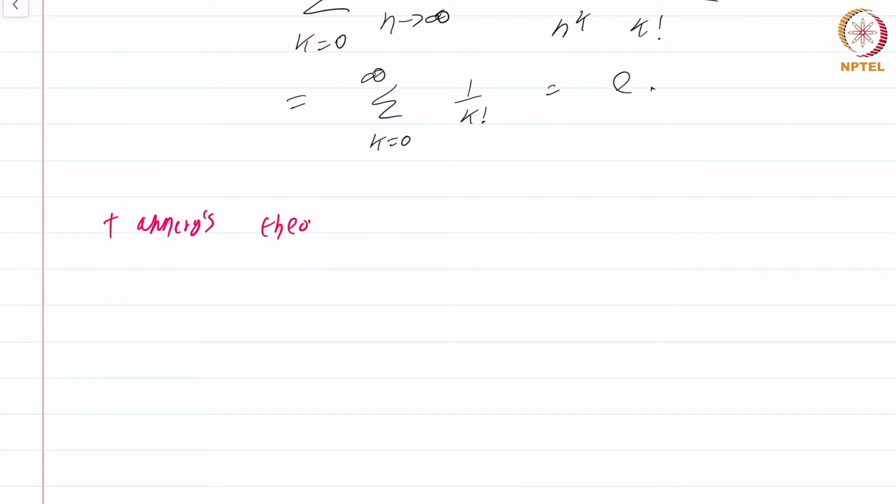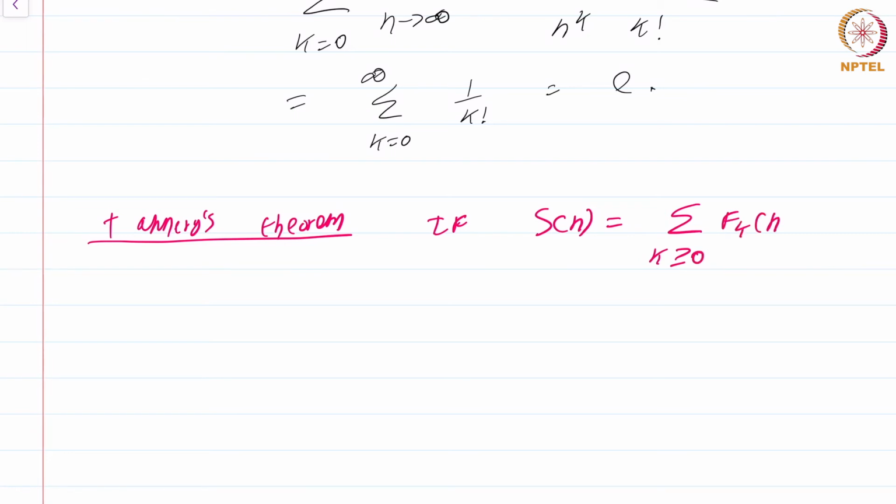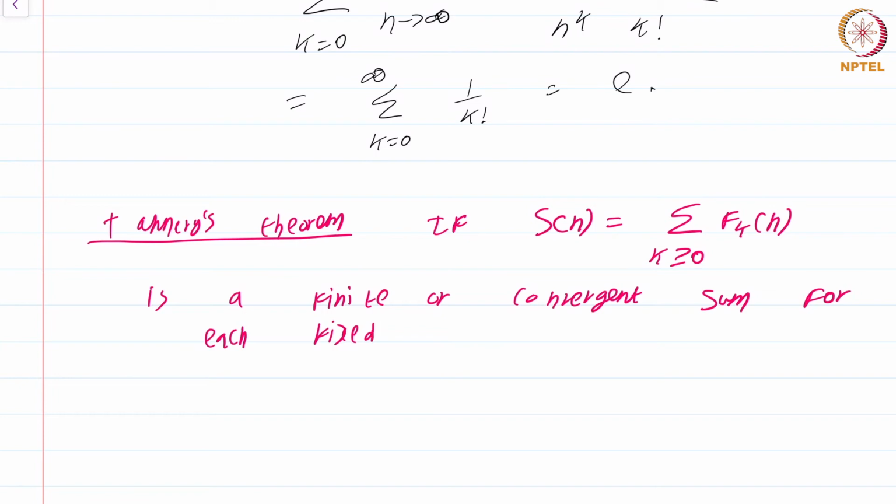The theorem runs as follows. If S of n equal to summation k greater than or equal to 0, fk of n, is a finite or convergent sum for each fixed natural number n greater than or equal to 0.